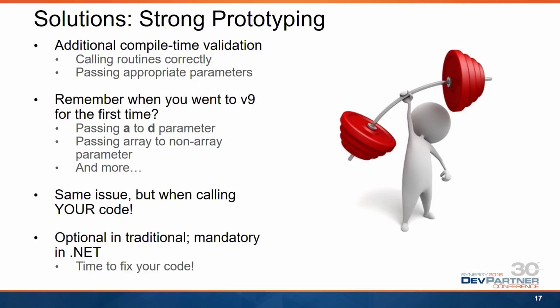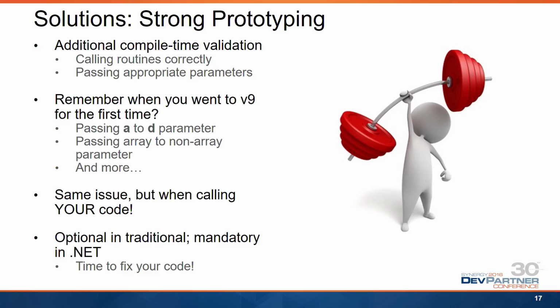Some of it's kind of, well, is it really a bug? Traditional Synergy always let us do that. But something's not right, basically. So it's a matter of calling routines correctly as they were intended to be called, passing the appropriate parameters to those routines. If you remember when you went to version 9 for the first time, you bumped up against a whole bunch of, wait a minute, this is a decimal and you're passing an alpha to it, and stuff like that.